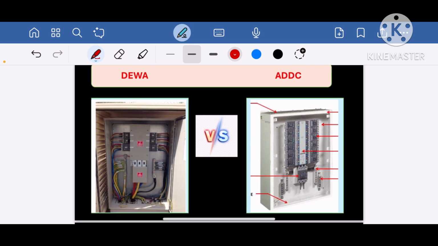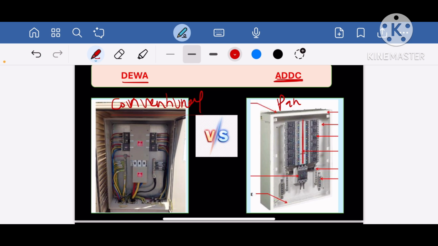Now let us move to the other difference between DEWA and ADDC regulation. In DEWA, the SMDB will be conventional type. In ADDC, the design of SMDB must be pan assembly type. What is the difference?